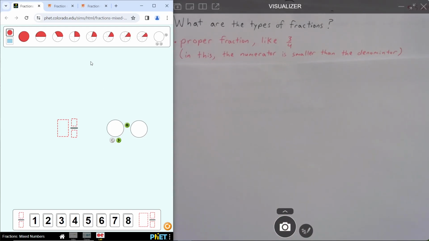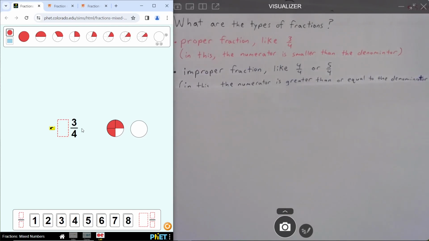So over here on the left side of the screen, I'll show you 3/4 again. That's 3 parts that are each 1/4 in size. And that looks like that over there, and that is a proper fraction. The numerator is smaller than the denominator.